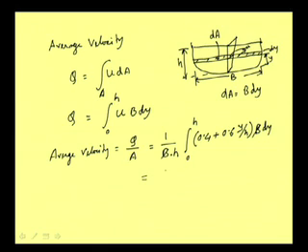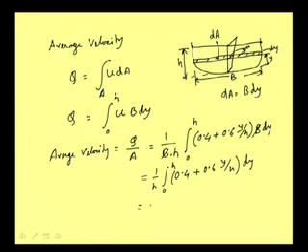So we can write 1 by h, integration from 0 to h, of 0.4 plus 0.6 y by h into dy. Fine. Now this problem becomes a simple integration problem.